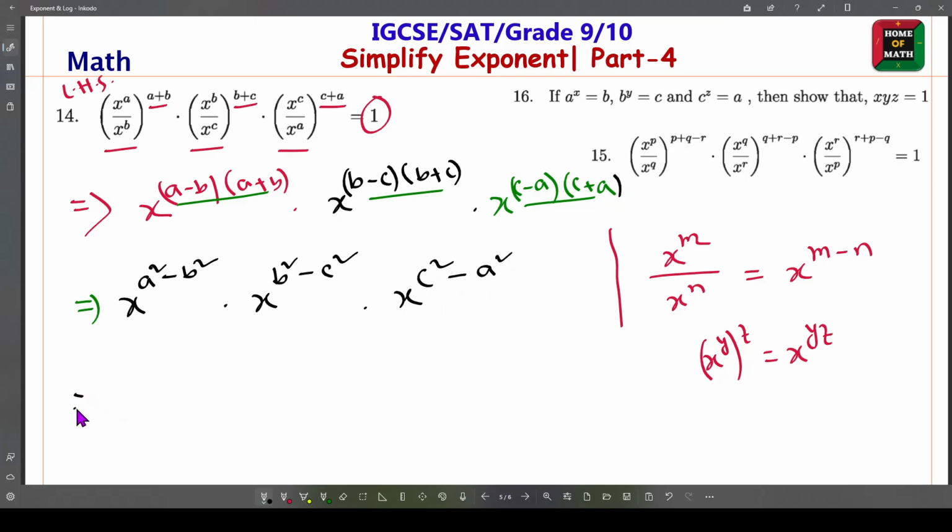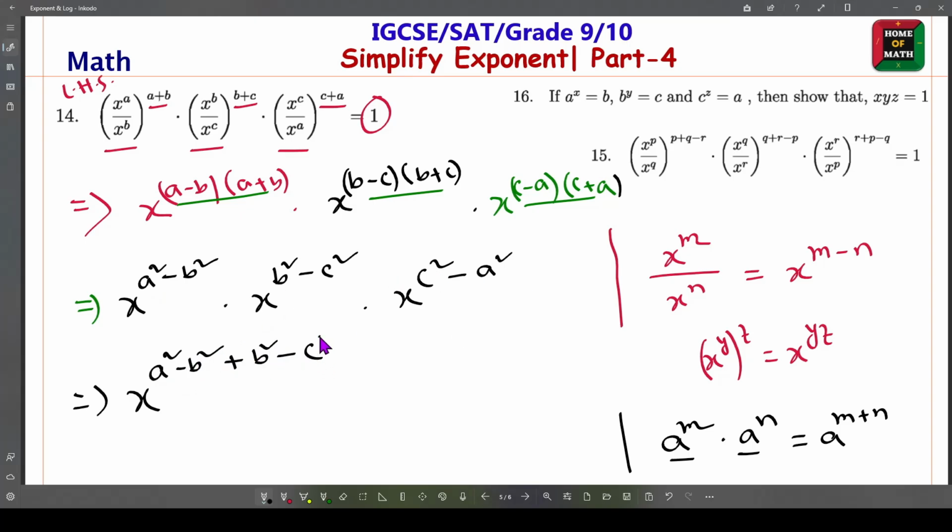Now we also know once the bases are the same, suppose a to the power m times a to the power n, it means the powers will be added, a to the power m plus n. That's why we can write x to the power a square minus b square, all the powers will be added, so plus b square minus c square plus c square minus a square.